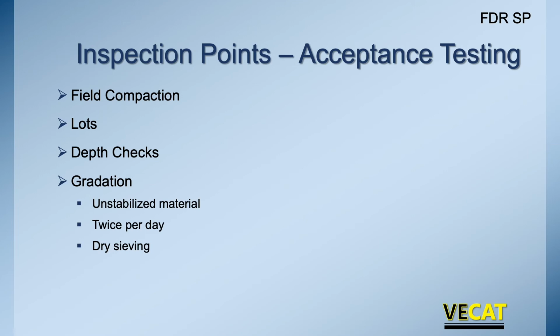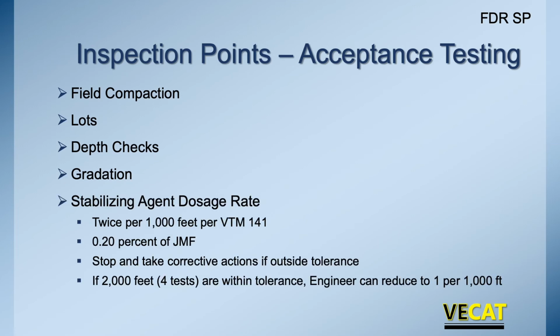So we're checking that. We're checking the dosage rates. So as I said earlier in this module, we're checking it, is it within 0.2% of the job mix? In VTM 141, it lays out that we're doing it twice per 1,000 feet. So we're ensuring as we're going down the road that the right amount of stabilizing agent is being added. If not, you need to stop, take corrective actions.